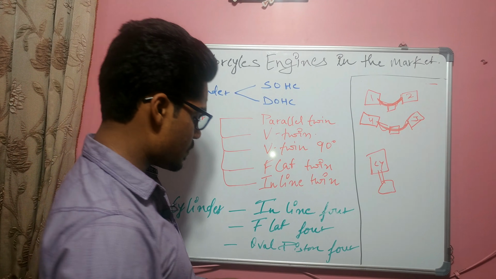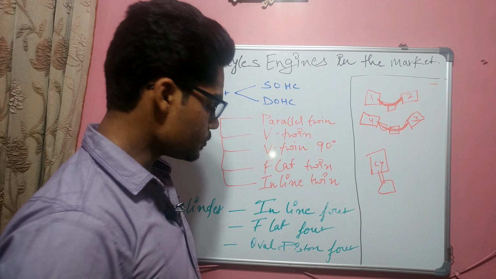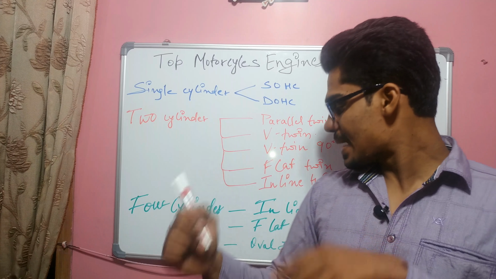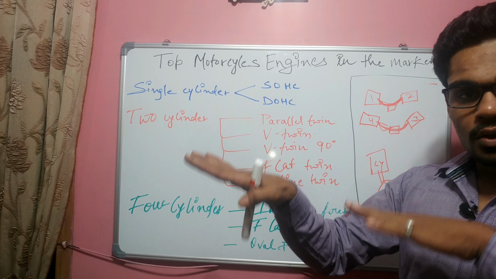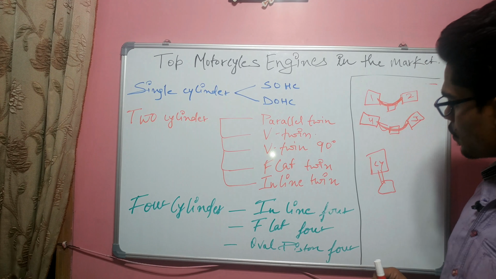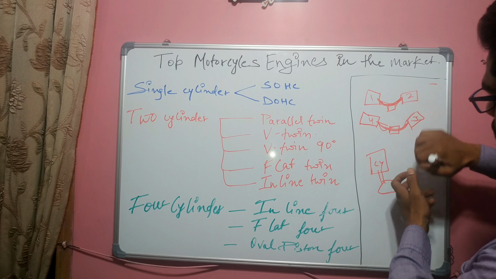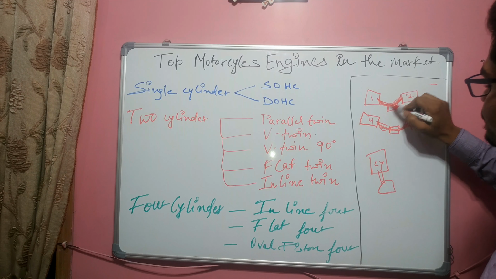So this is the basic difference between a flat 4, oval 4 and the inline 4. Let me tell you again, in the inline 4, the cylinders are situated side by side. In the flat 4, the cylinders are placed flatly. And in the oval piston 4, the cylinders are very similar to the flat, but the pistons which connect the cylinders to the crankshaft are placed in the oval formation.